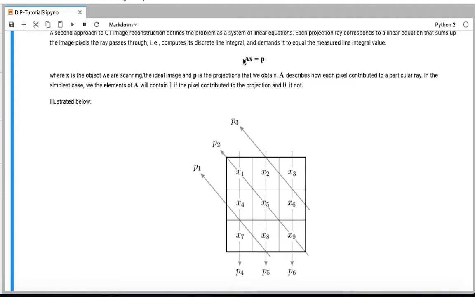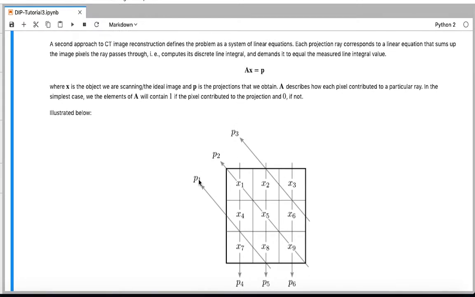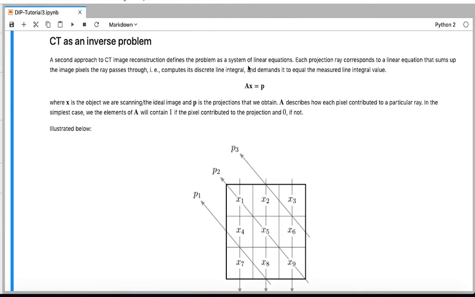Each P can be defined as A times X. What A contains is the information of which pixel contributed to which projection, and how much. So let's consider P1. For P1, X4, X7, and X8 contributed. So A has a row where it has ones at X4, X7, and X8, and the rest are zeros. And similarly for all the P's.